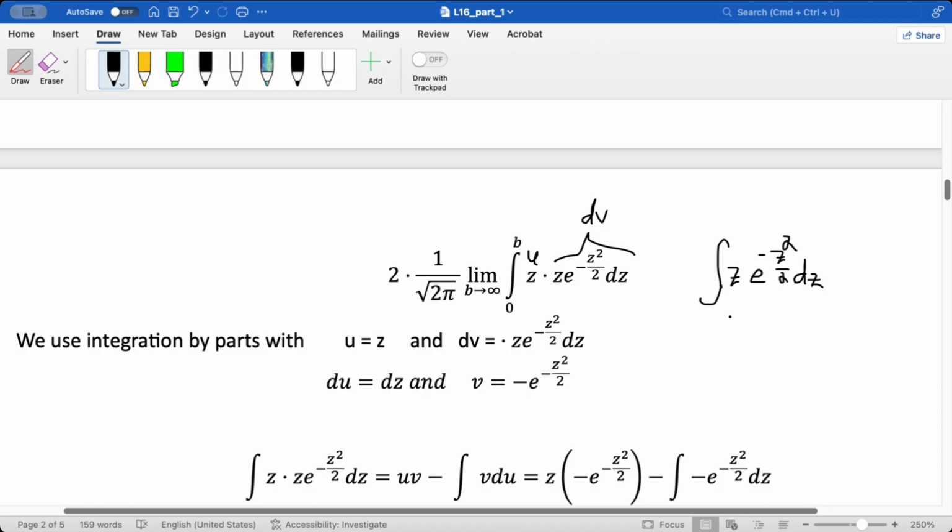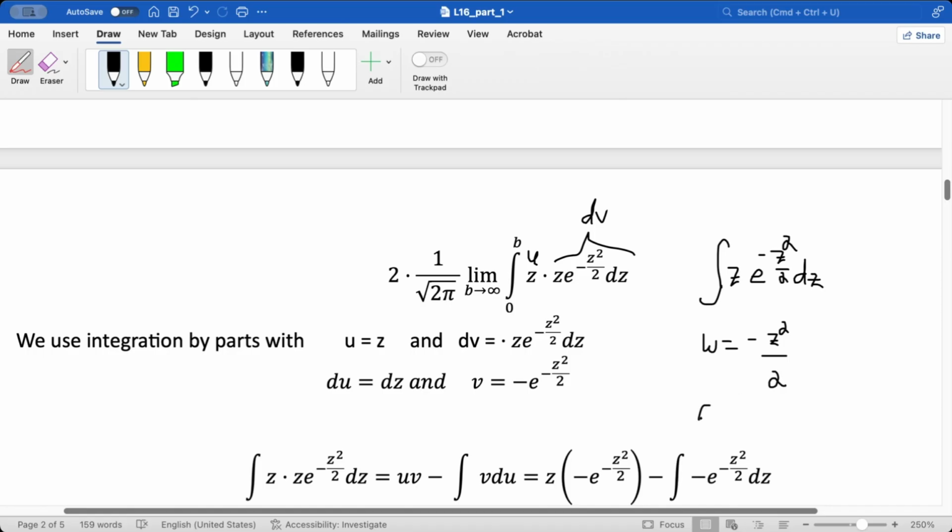And so the method here is to do a u substitution to make w equal to, I'm using w because we already have a u in the problem, and we make w equal to negative z squared over 2.